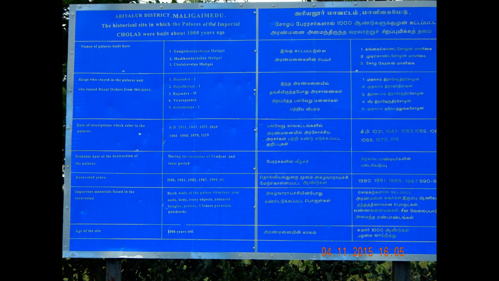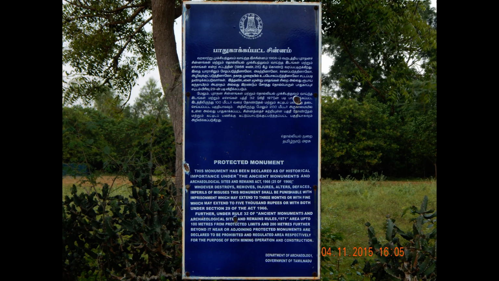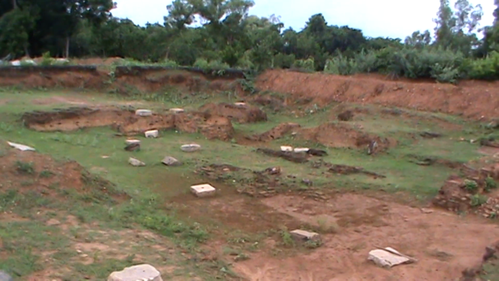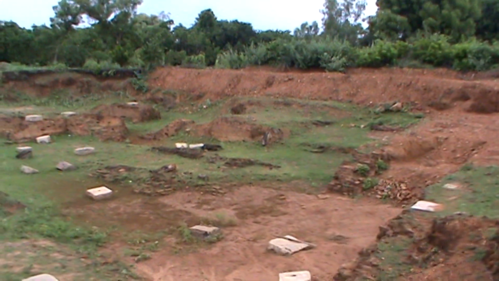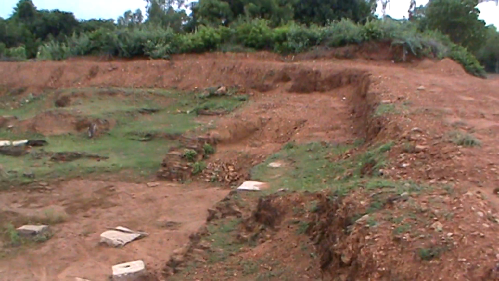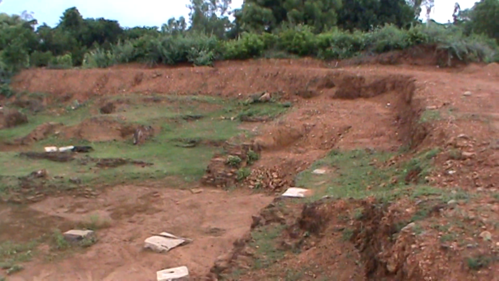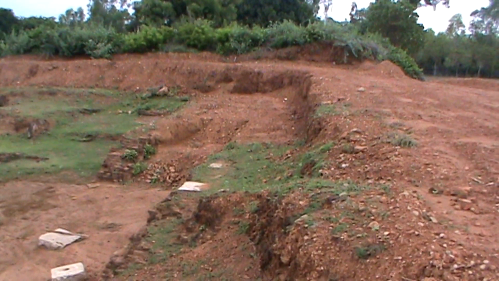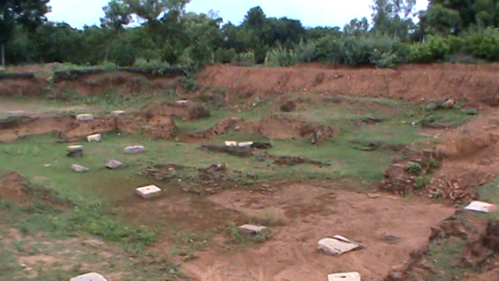Now we are shifting to another place, that is the palace of Rajendra Chola. These boards are put up by the Archaeological Survey of India, and this is the palace site which is excavated. During the course of time, this entire palace was ruined. Only the location of that palace was known, and now we can observe this palace only in excavated form.